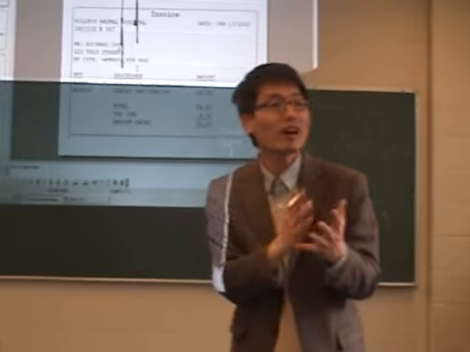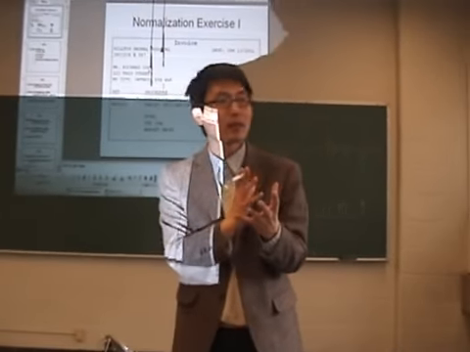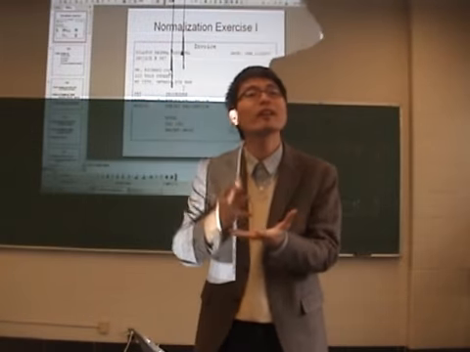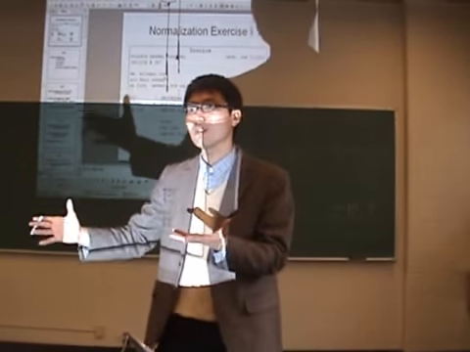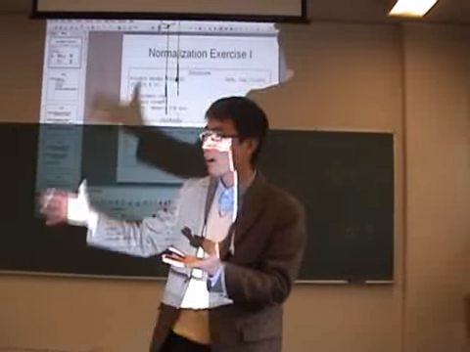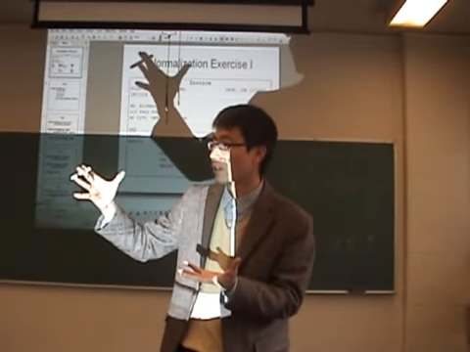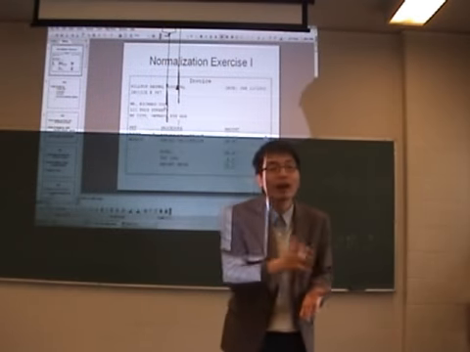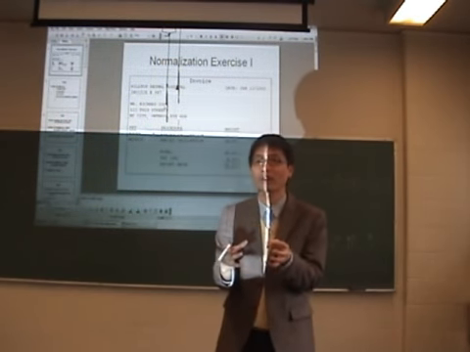So this is the fundamental idea. If you can get such an idea of normalization, it's very easy to follow the step by step of normalization. Normalization is nothing but segmenting, dividing, simplifying. Okay?